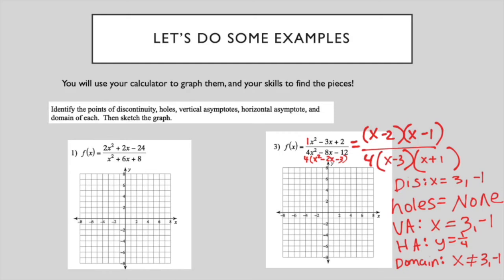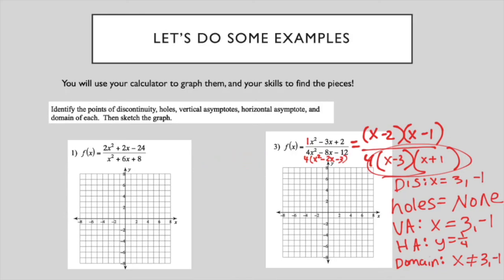Because, Isaac, on the denominator we set each factor equal to 0 and solve for x. We add the 3 to the other side, making it x equals positive 3, and subtract the 1 to the other side, making it x equals negative 1. Does that make sense?